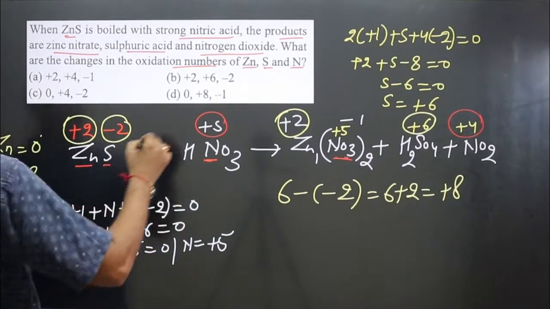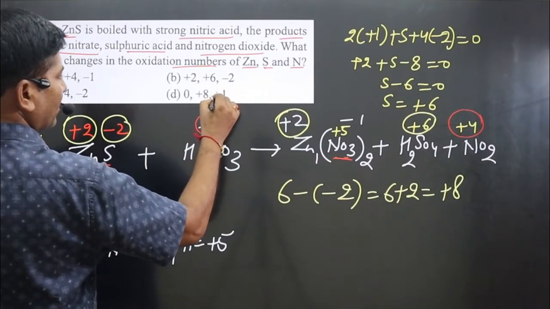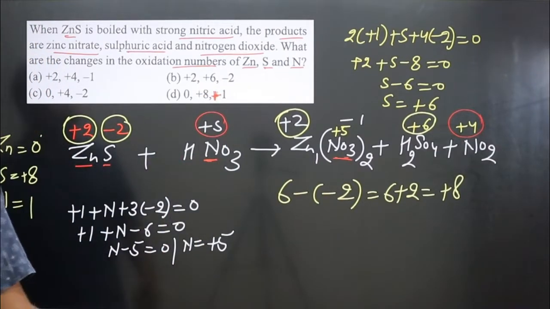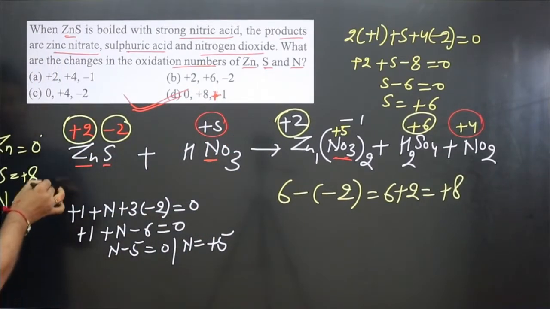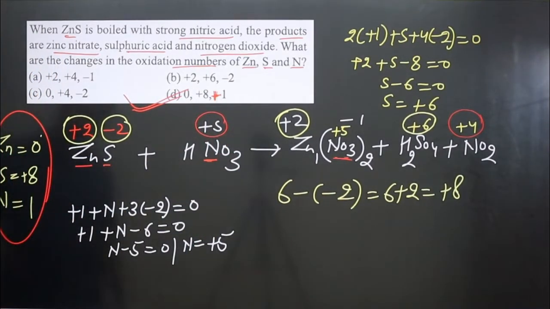Sorry, it should be +1. So the option we are getting is option D. Here we have zinc 0, sulfur plus 8, nitrogen plus 1. So option D is correct.